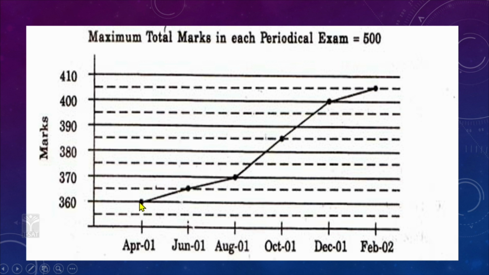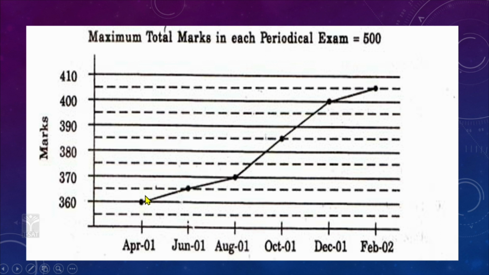So you join this point to this point with a line segment, this point to this point a line segment, and so on. This, simply, we call a frequency polygon.